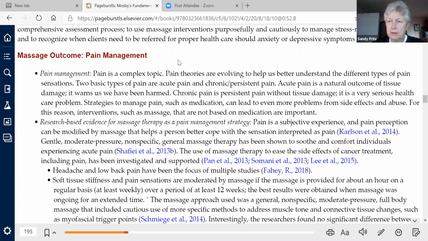We've got an opiate crisis that we have got problems with, and they're looking for non-pharmaceutical approaches to pain management. And so massage has sufficient evidence to have us be part of an interdisciplinary team, as well as helping people in general deal with the typical aches and pains that we have.